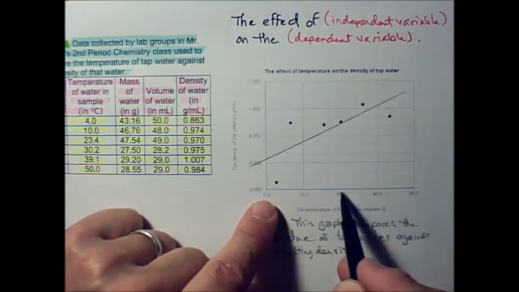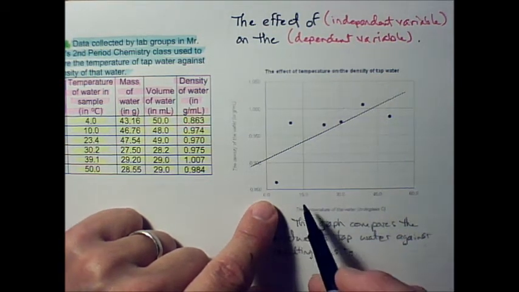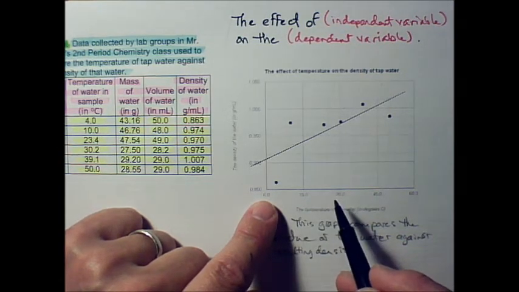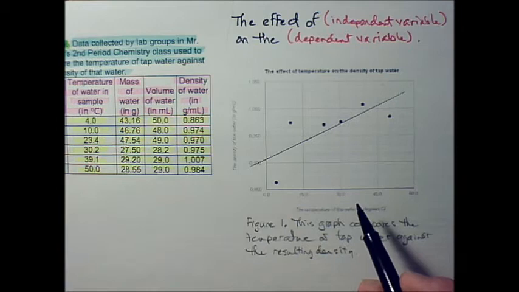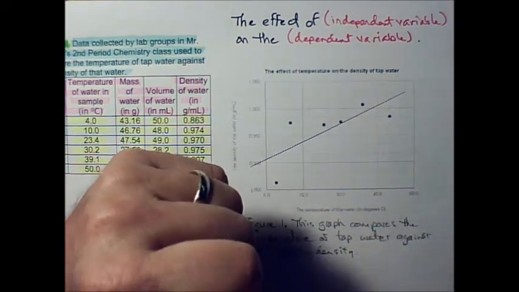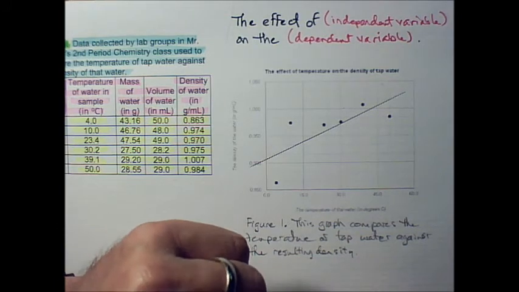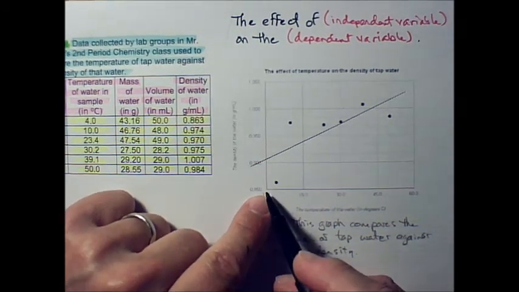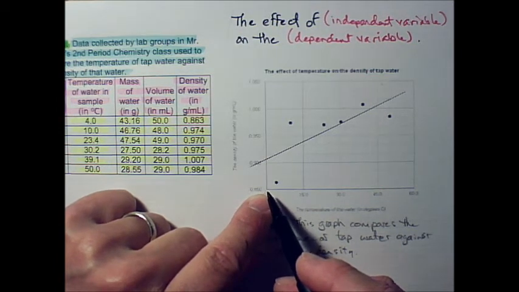So they're evenly spaced. Number lines on a graph must be evenly spaced. And the number line does not have to start at 0. Number lines don't have to start at 0. Notice this number line starts at 0.850.